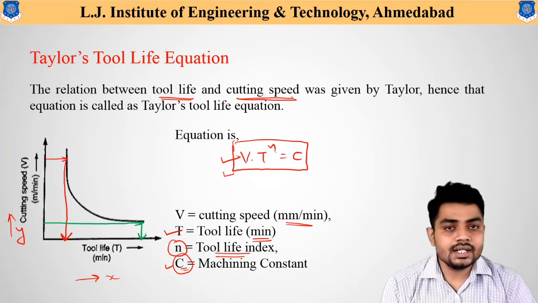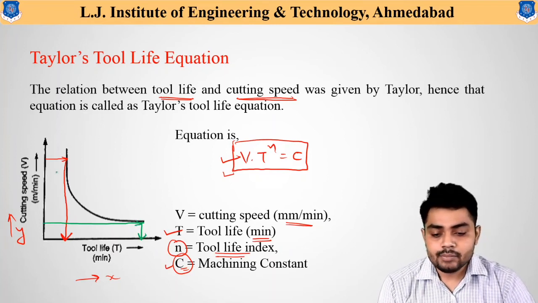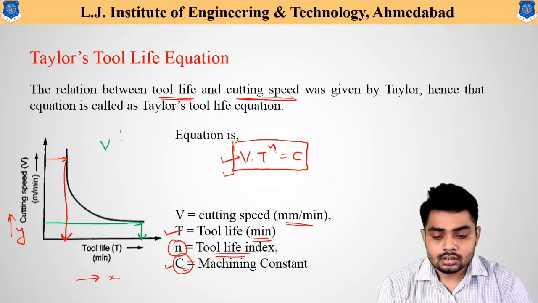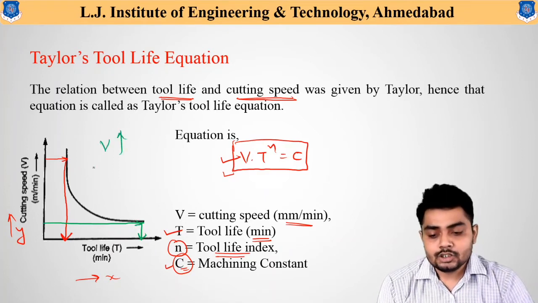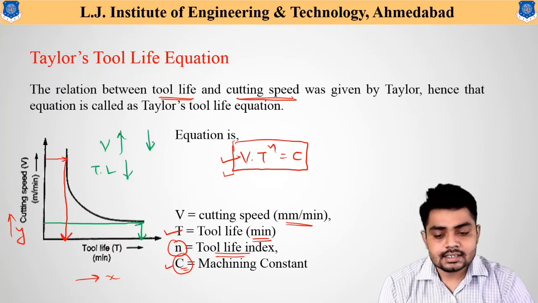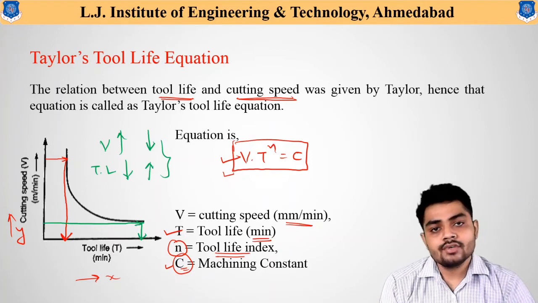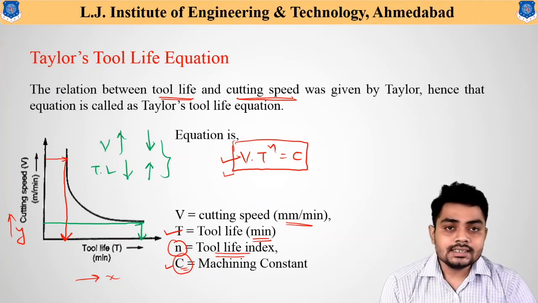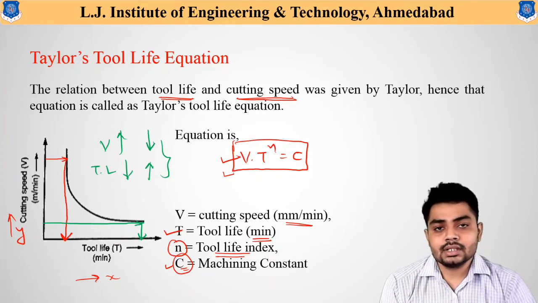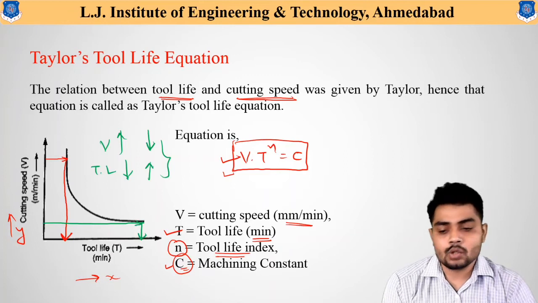Means if cutting speed increases, then the tool life will decrease. Similarly, if cutting speed decreases, then at that time tool life will increase. So this is the basic interpretation of this tool life equation. And remember this equation, as it will be helpful to solve the examples that we will discuss in our further topics.